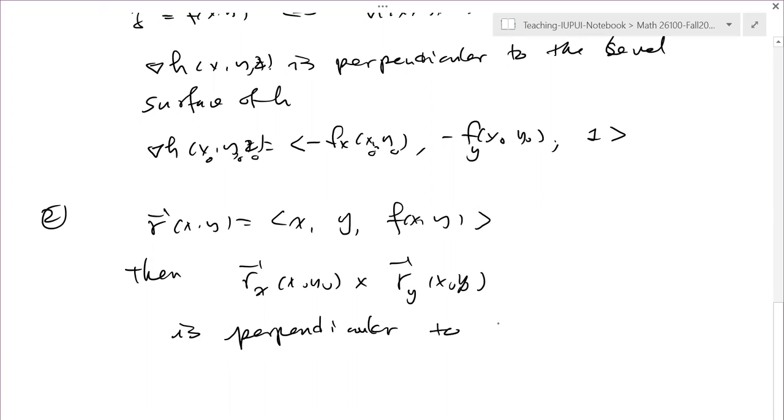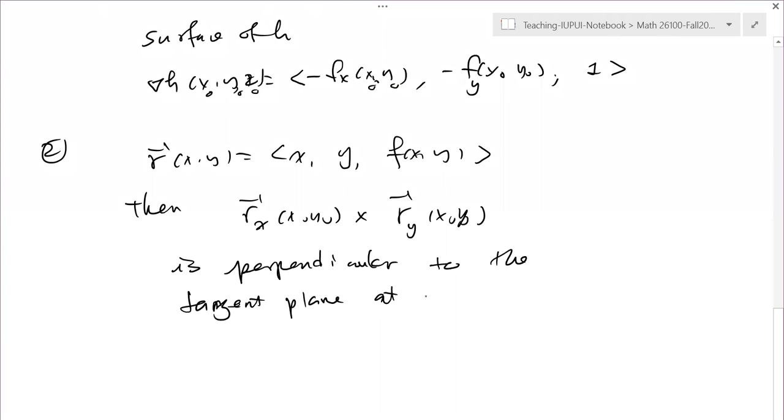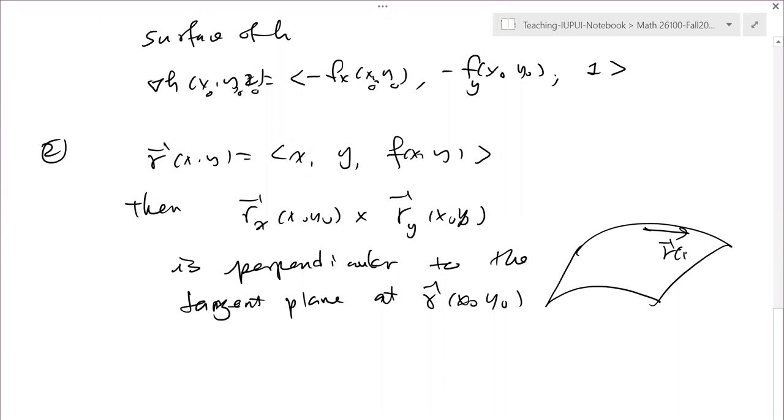Perpendicular to the tangent plane, at the point. If you look at the graph again, but view it as a surface, then this is the r_x, and that will be the direction of the partial derivative of r with respect to the y variable.